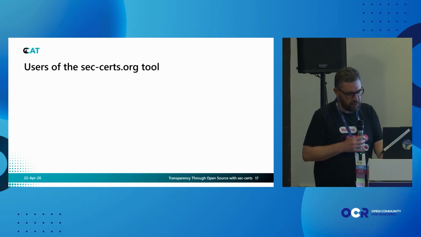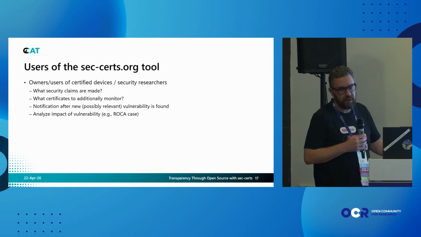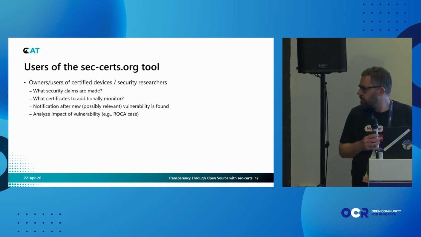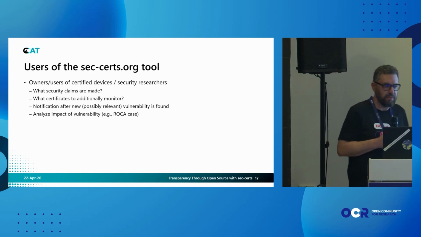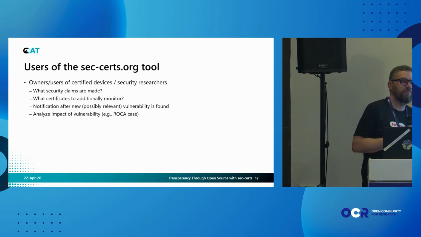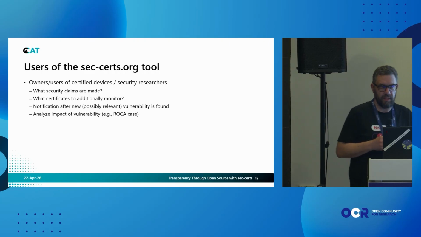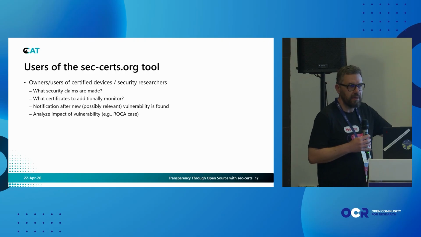Okay, so what are the use cases? If you are a user, you can, for example, see what security claims are made for products. You can monitor certificates you are interested in. Let's say you are waiting for some certificate to appear on the list.